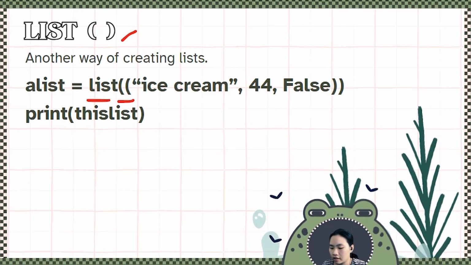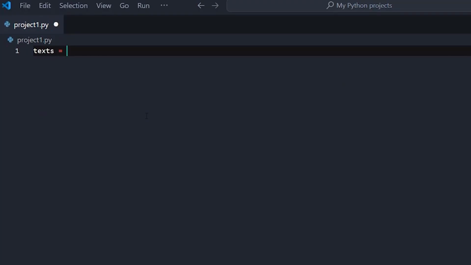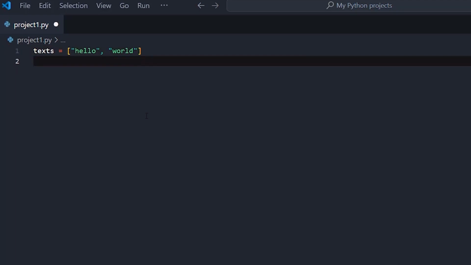Now I'm going to go to Visual Studio Code. First, let's define a variable or a list. Hello world. Numbers 1, 2, 3, 4.